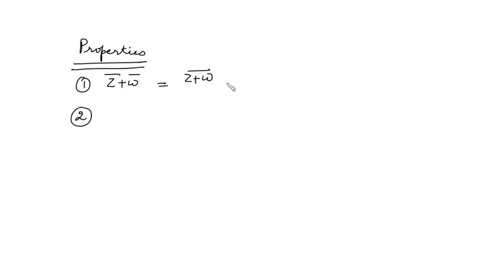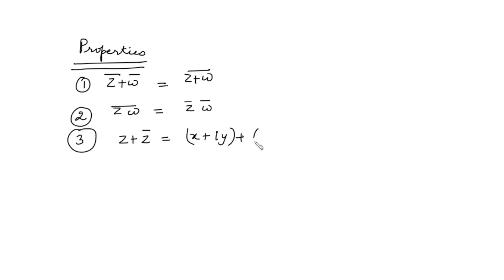Now the conjugate satisfies the following properties. What are the properties? Conjugate of z plus conjugate of w, where z and w are both complex numbers, is the same as z plus w whole conjugate. Similarly, the conjugate of the product z w is z conjugate times w conjugate. The third property is z plus z conjugate. Now substitute the value of z: x plus iota y plus x minus iota y.